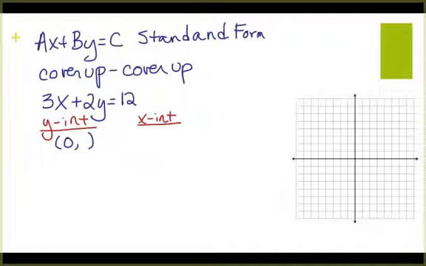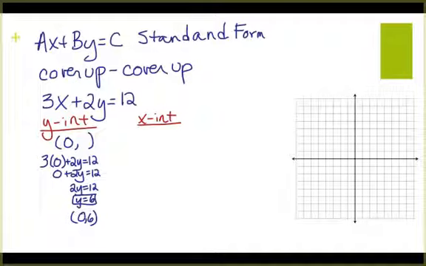Well, we can go through the work and plug in 0 for x and then get 0, which gives me 2y equals 12, which gives me y is 6. Well, that's good. So now we know that my y-intercept is 0, 6.